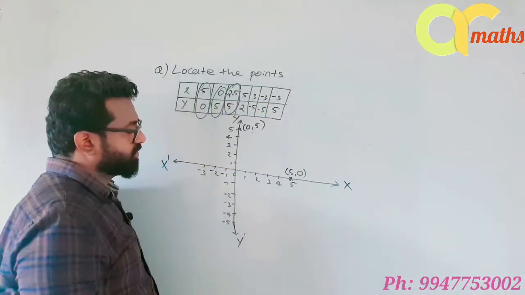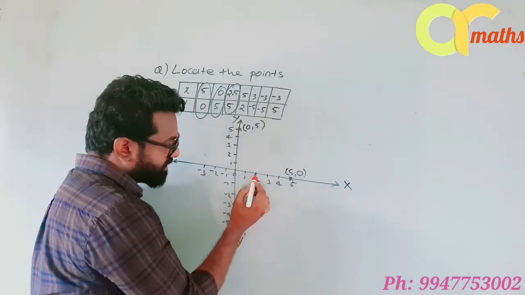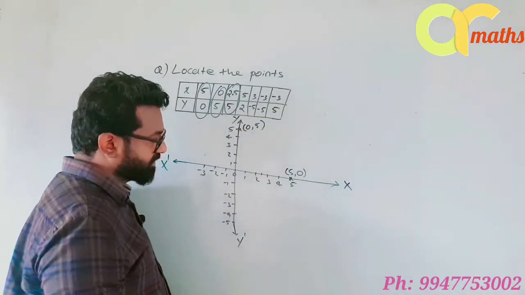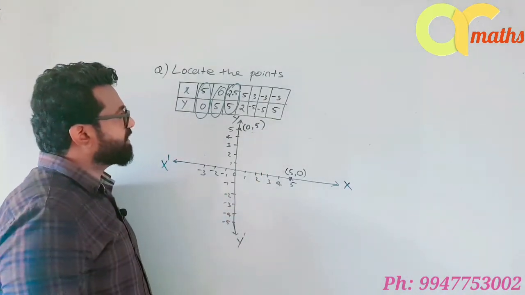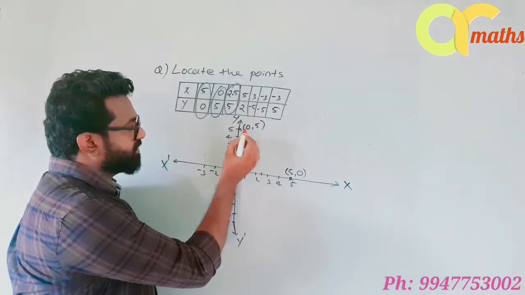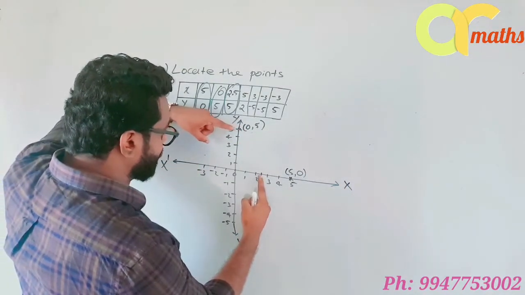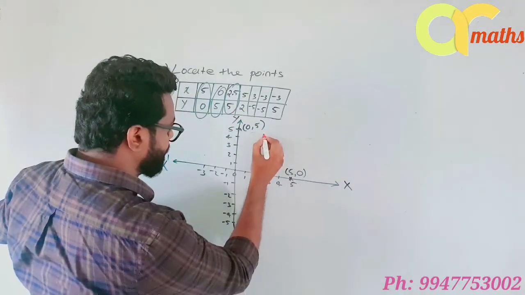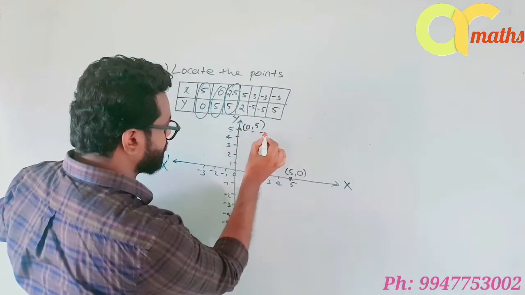Next, 2.5. On x axis 2.5. So, 2.5 means the middle value of 2 and 3 here. On y axis 5.